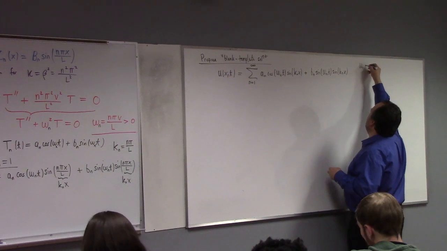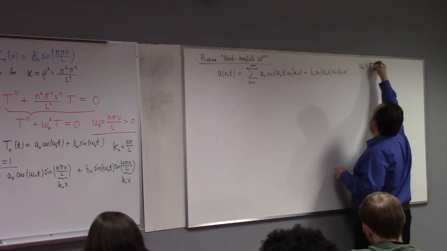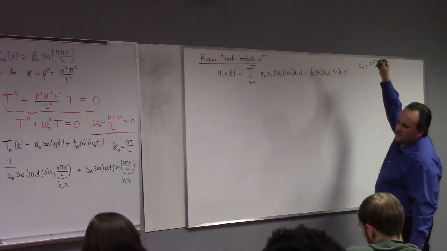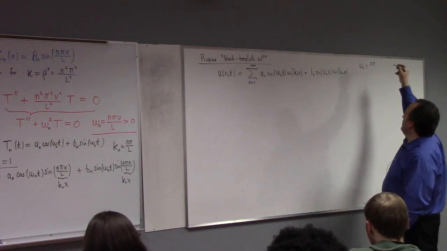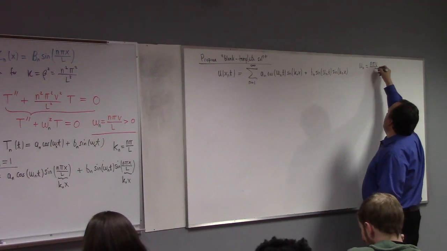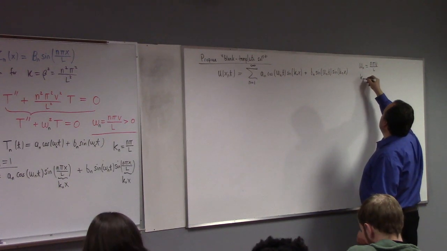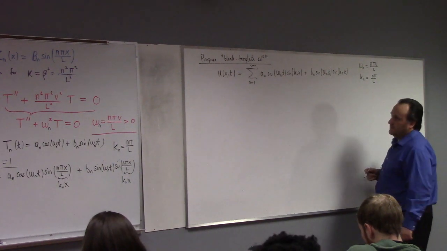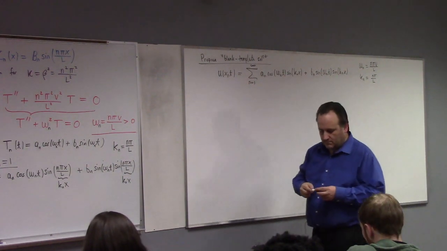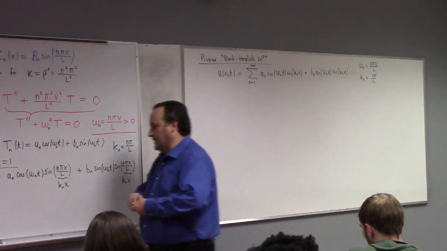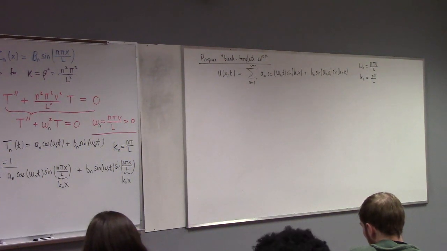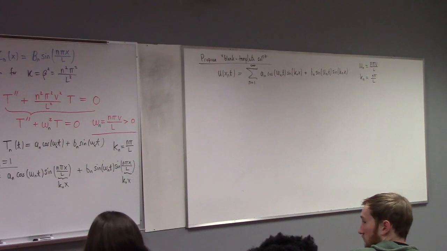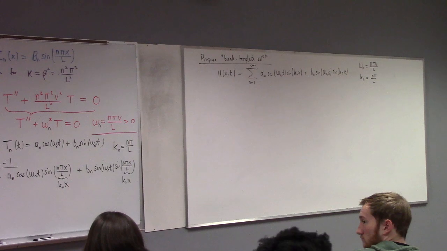Here, just to be clear, omega n is n pi v over L, and k sub n is n pi over L. So if you take a step back and close your eyes, you'll find that nothing's really changed at all.